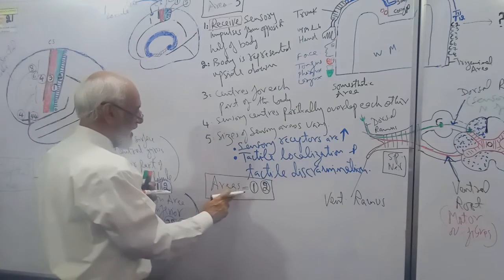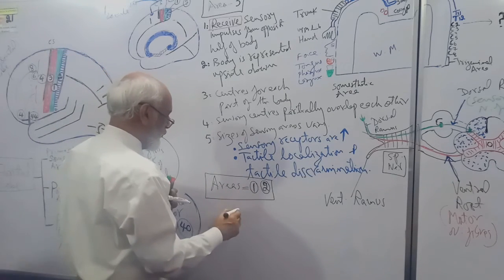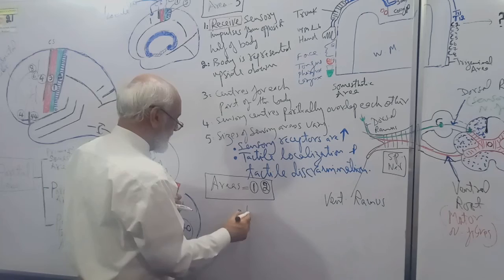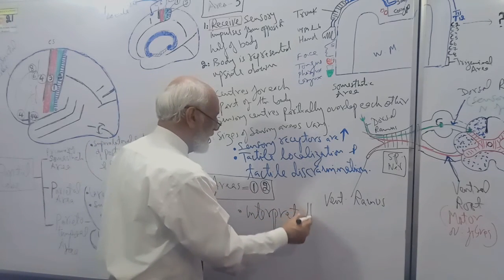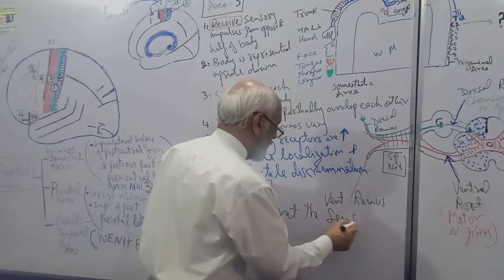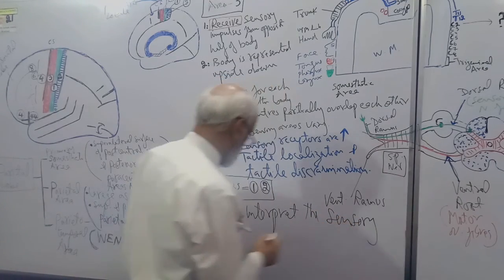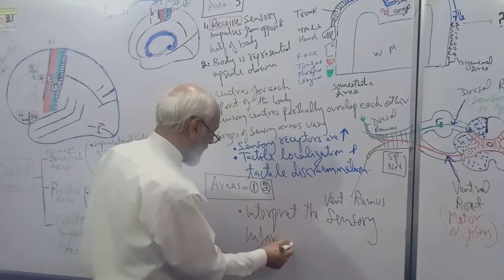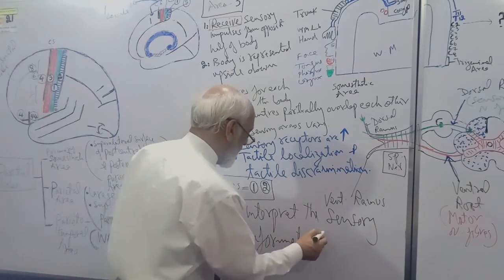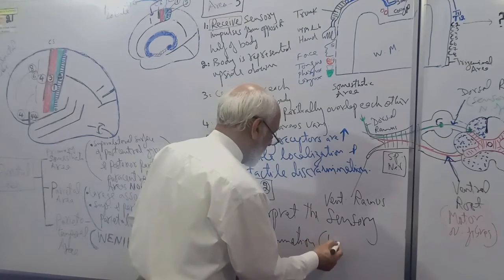Brodmann cortical area number 1 and 2 interpret the sensory information or sensory impulses.